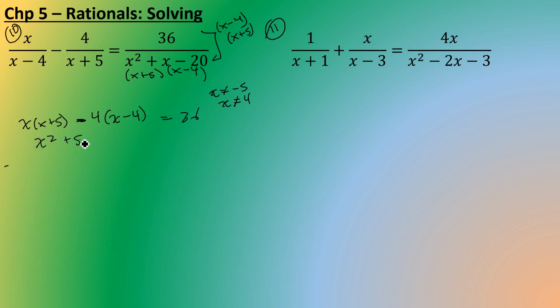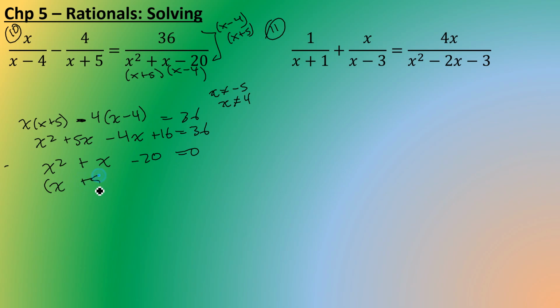So I have x squared plus 5x minus 4x plus 16 equal 36. That gives me x squared plus x minus 20 equals 0.